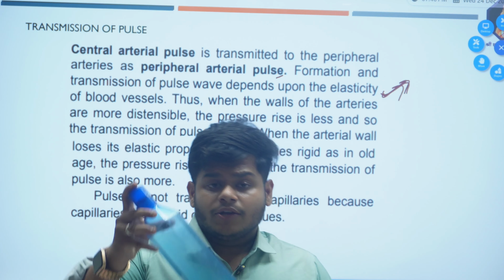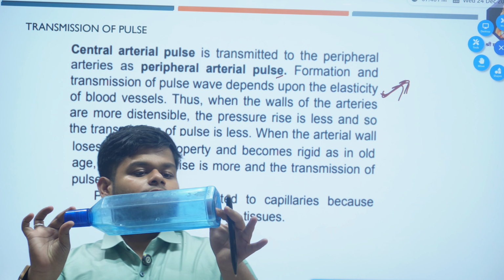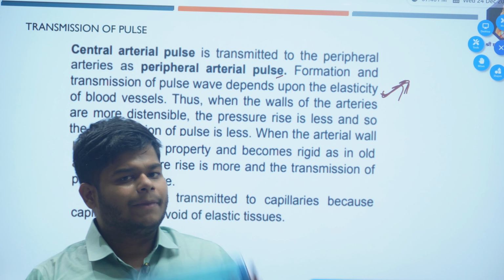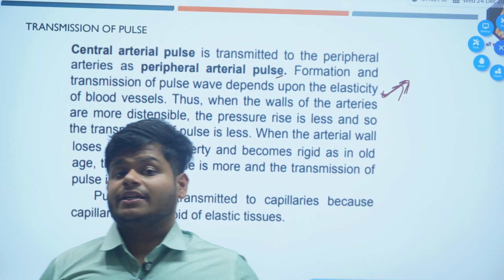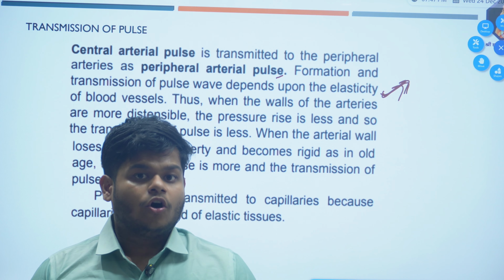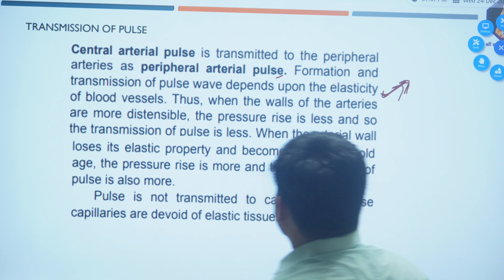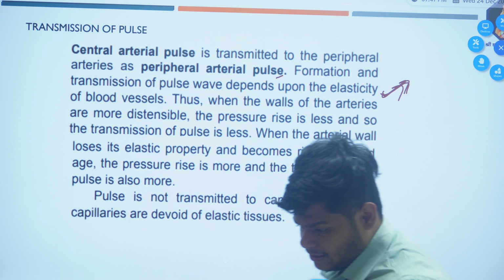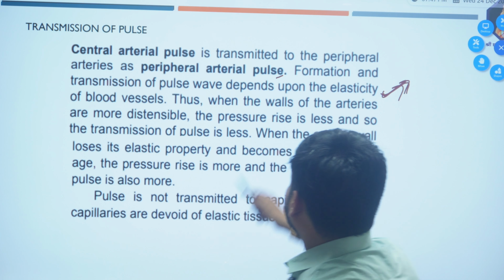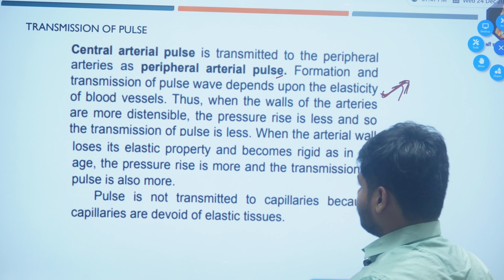But a bottle filled with water has some capacity. After that capacity, it cannot take more water, or it may burst when we put in extra pressure. In the same way, when the walls of the arteries are more distensible, more elastic, the pressure rise is less, and so the transmission of pulse is also less.